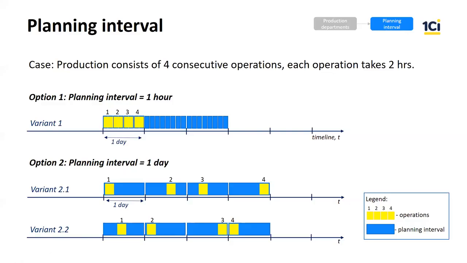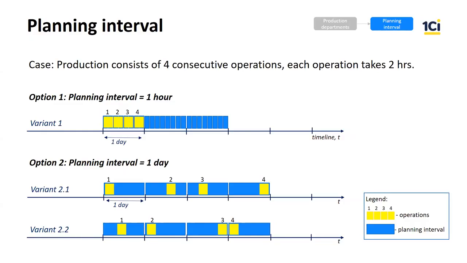The second option is a planning interval of one day. So we have a lot of flexibility. We might decide at what time of the day we complete the operation, but the downside is that one operation takes at least one planning interval, and the four operations stretch to four days.